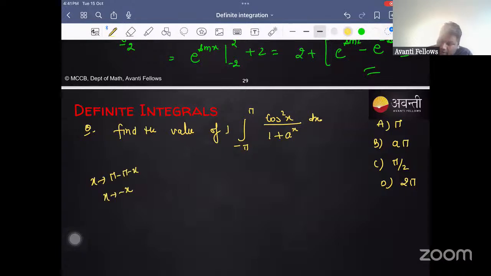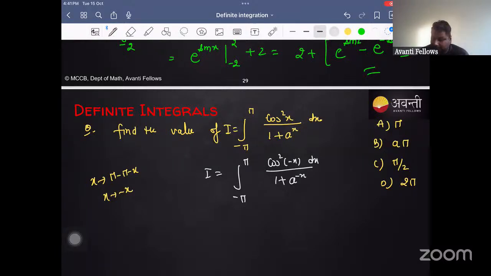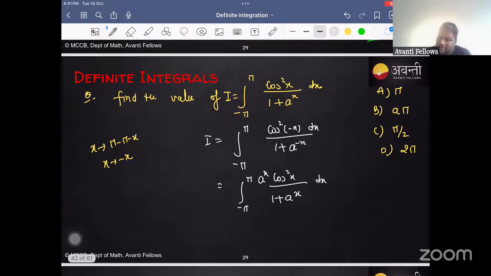So if this is your I, then this I becomes the integral from minus pi to pi of cos square minus x dx upon 1 plus a to the power minus x. So this will become cos square x upon 1 plus a to the power x, and a to the power x goes upside.